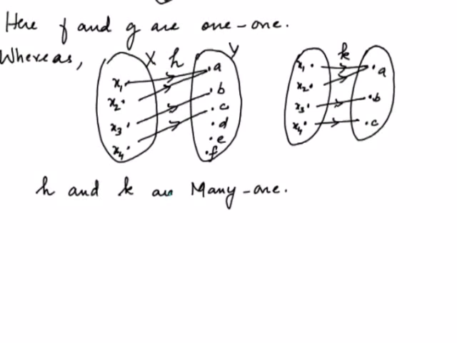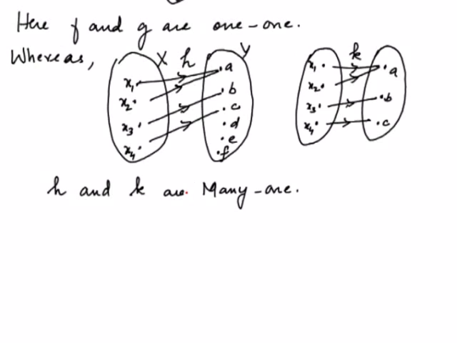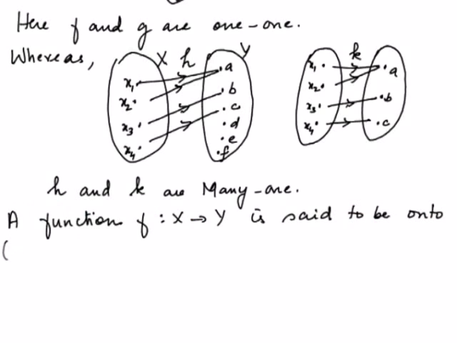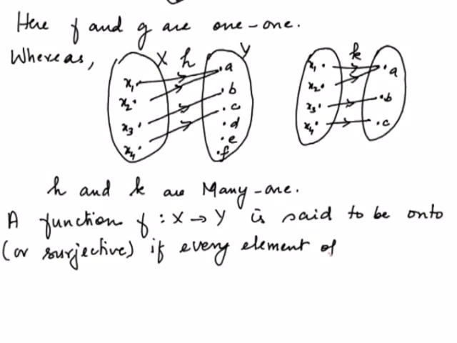Now let us understand one more concept, which is surjective functions. A function f from X to Y is said to be onto or surjective if every element of Y is the image of some element of X under f.